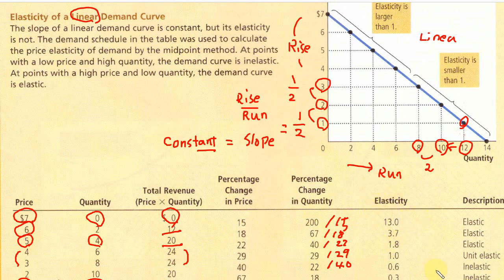So, as you can see, as the price goes up, the elasticity is higher, more than 1, right? Quite higher, okay? Once the price is lower, as you can see below, the elasticity is 13, right?